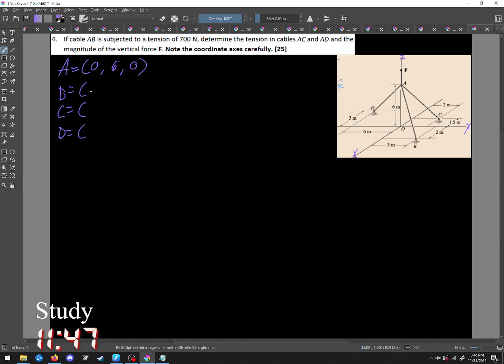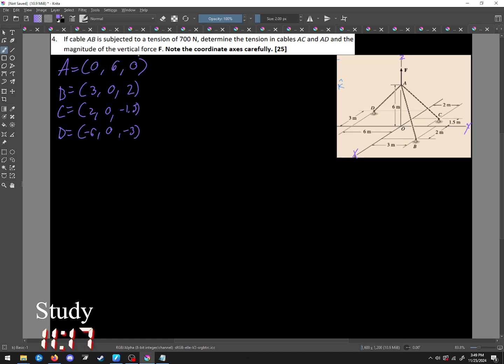B is going to be 3, 0, 2. C is going to be 2, 0, negative 1.5. And D is going to be negative 6, 0, negative 3.